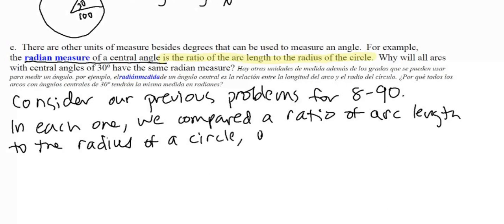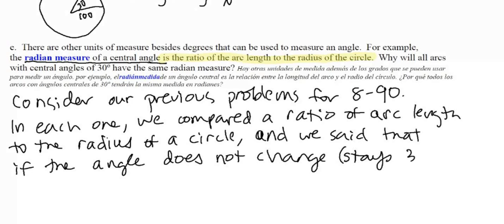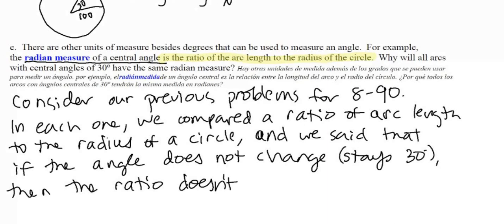And we said that if the angle does not change, we've been working with 30 degrees, so we'll say it stays 30 degrees, but you could really do this for any angle, then the ratio doesn't change.